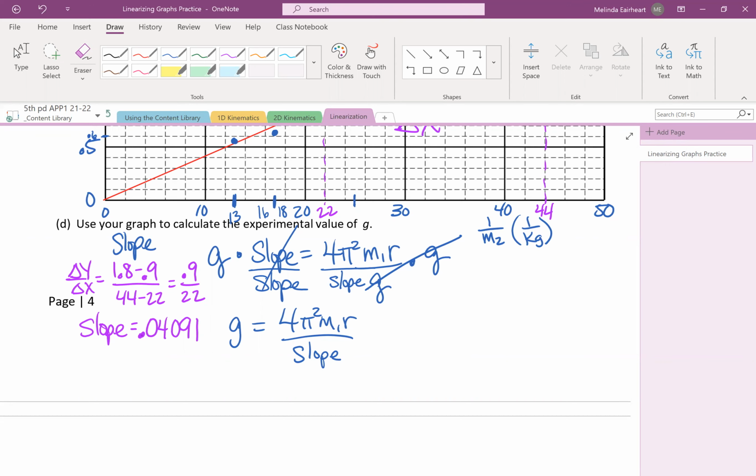Okay. So now, to solve for g, we'll do 4 pi. For pi, you can either use the button, which is what I tend to do, or you can type in 3.14, okay? But watch out, the 4 has already been squared, but pi needs the square.